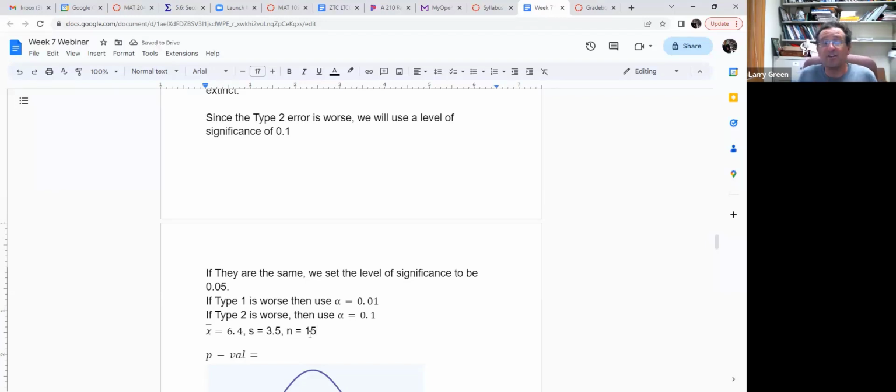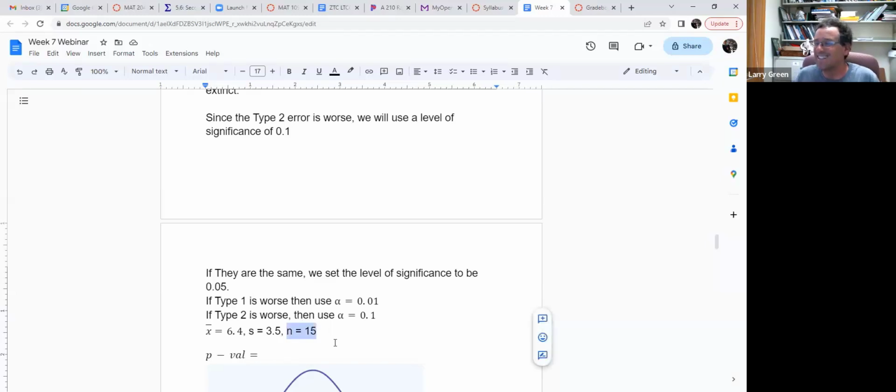Okay, so the first thing: do we have to make any assumptions to find a p-value? What is the number of samples? 15.